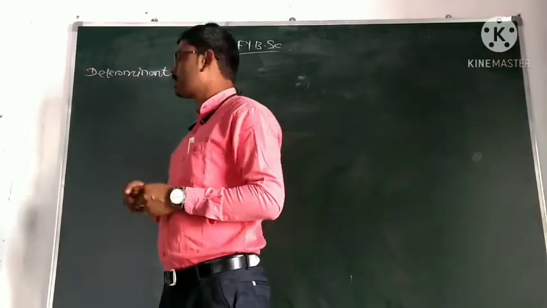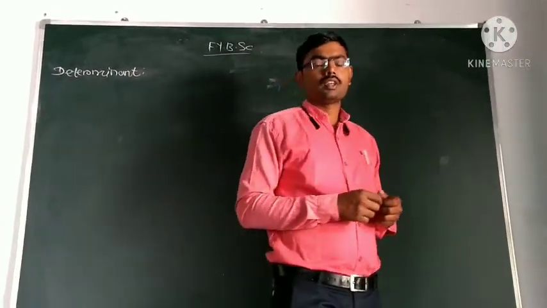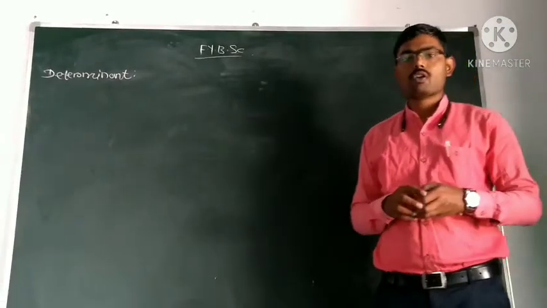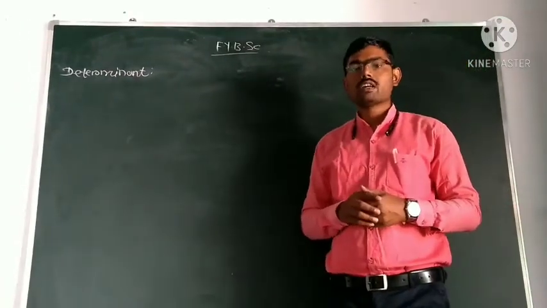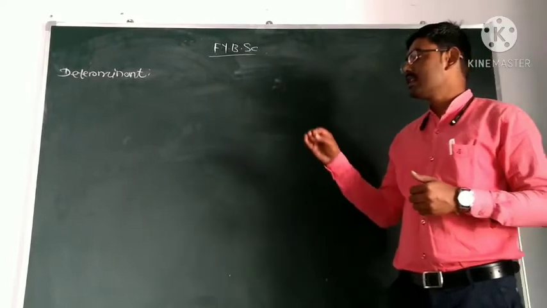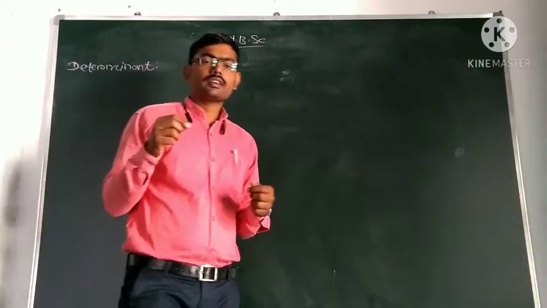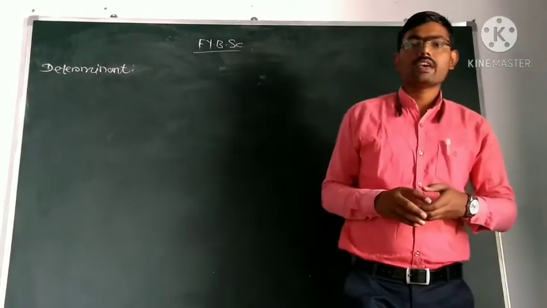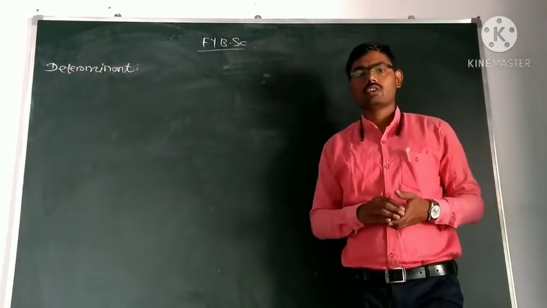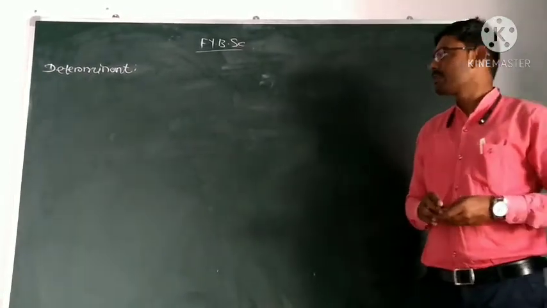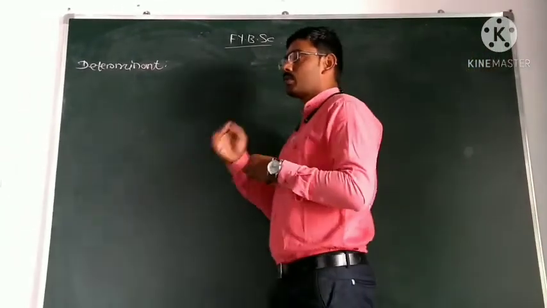Okay, so the determinant of a square matrix. You have learned about finding the determinant of matrices. Now we will revise this topic and learn some extra properties that we don't know till date. We know the determinant of a two-by-two matrix.